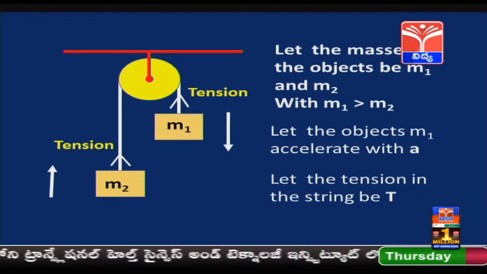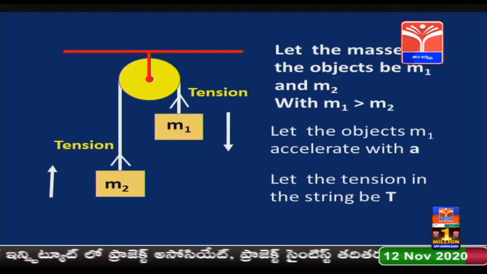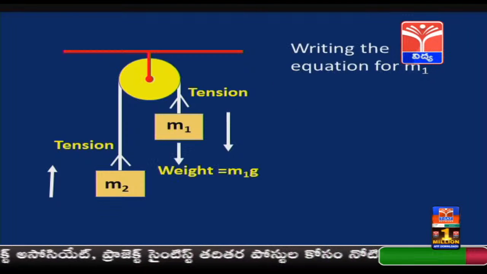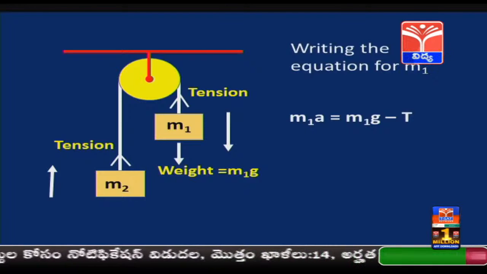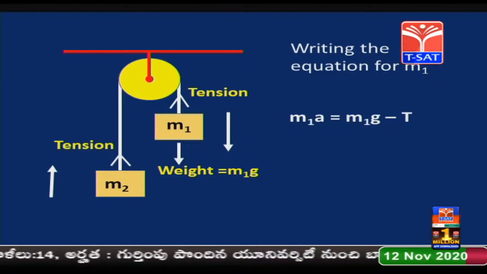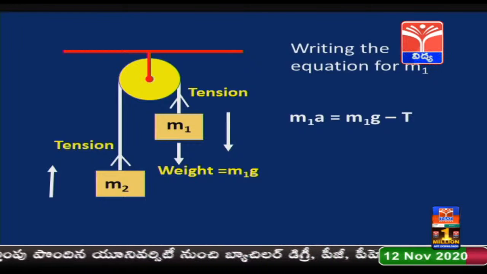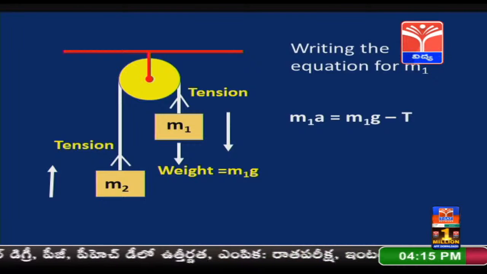In case of m1, the acceleration is a and the tension in the string is T. Writing the equation for the object m1, we have m1a is equal to m1g minus T. Here m1g is weight and T is the tension.